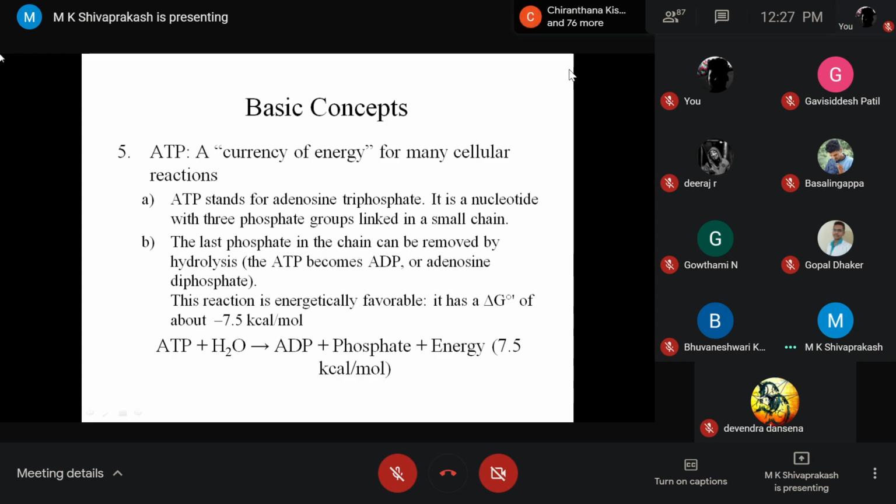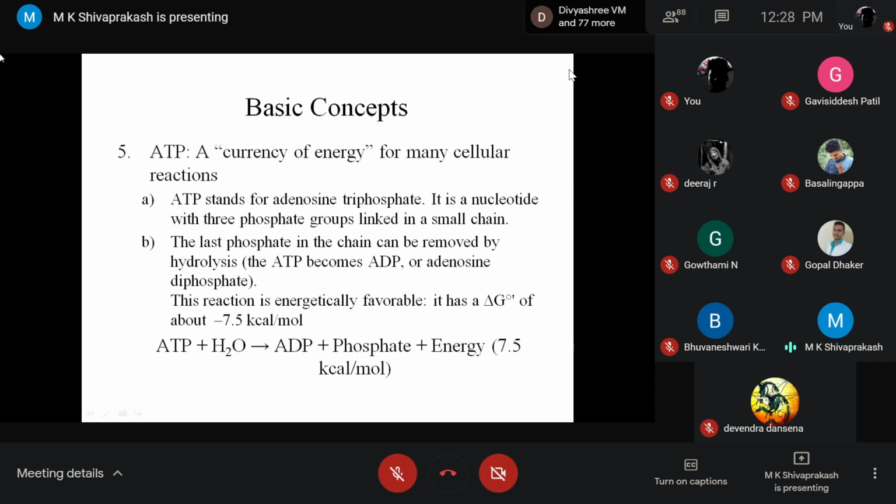Here you should know that ADP is a must, because similar to NAD or FAD, which by accepting electrons become NADH or FADH, and again by losing them return to their oxidized state, they make themselves available for accepting electrons further.